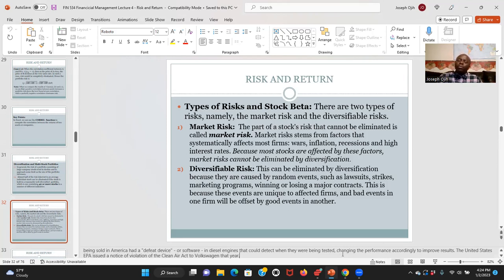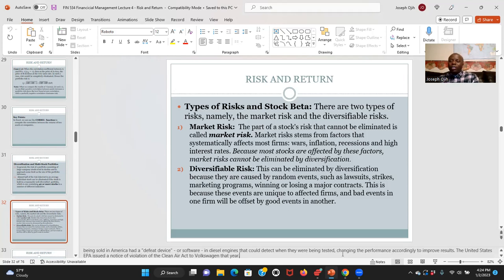But for those who invested in Volkswagen and in other companies, okay, your Volkswagen stock lost value, but you still have 10 other stocks that have value because you diversified. So the bad events that happen to Volkswagen will be offset by the good events in the other investments.